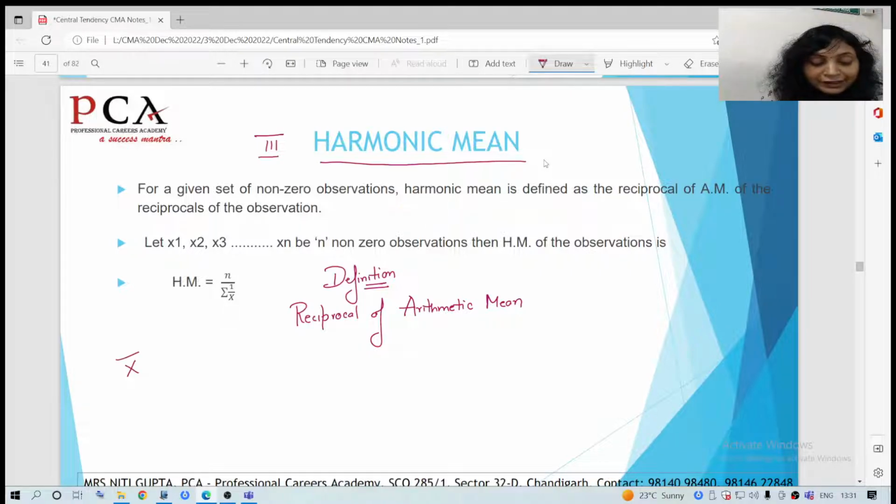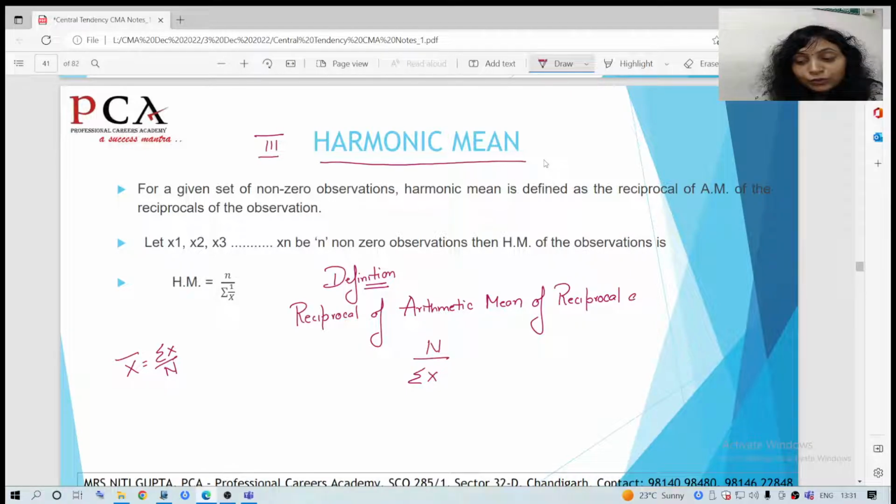Our formula for arithmetic mean is summation x upon n, so the reciprocal of arithmetic mean becomes n upon summation x. Harmonic mean is the reciprocal of the arithmetic mean of the reciprocal of items, meaning you have to take the inverse of the items. So our formula for harmonic mean is n upon summation 1 upon x.